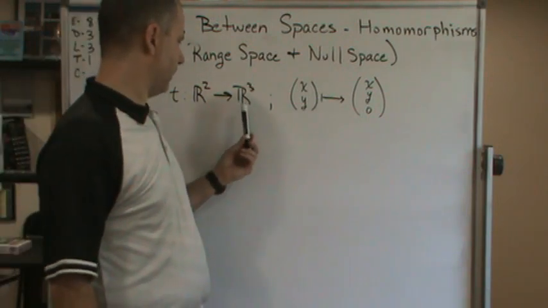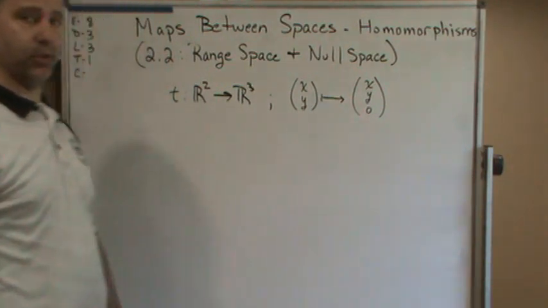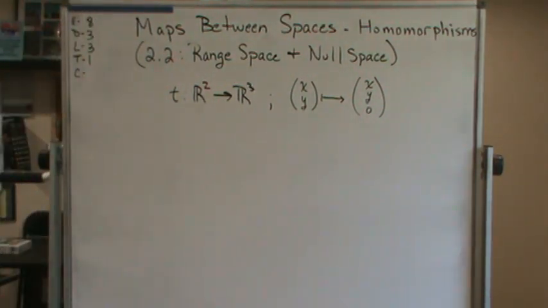So even though T is not onto R3, it is onto the XY plane, like I was saying. Okay, and this is a homomorphism, right? So again, there's certain things that we can examine that can happen with homomorphisms that cannot happen with isomorphisms, and that's what we're going to look at.